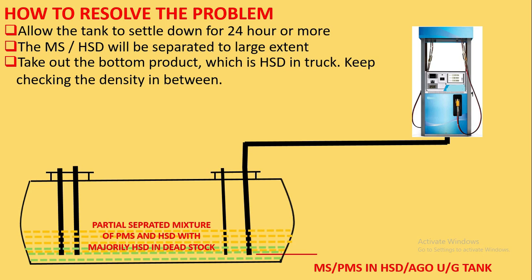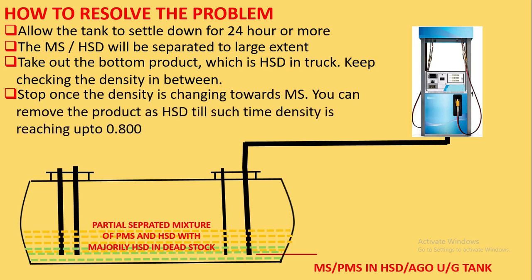It will slowly go below, and you can keep removing the product until the density reaches 0.800, which is the lowest level of the HSD density.